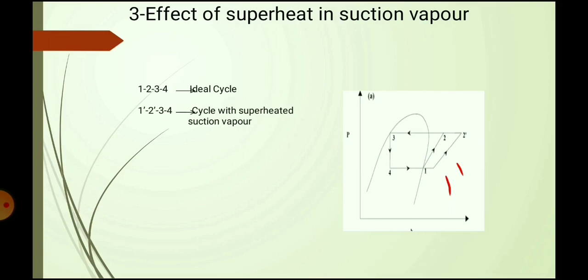Due to this, what happens? We can see that due to superheated suction vapor, the refrigeration effect increases. It goes from H1 minus H4 to H1 dash minus H4, an increase of H1 dash minus H1. Clear?